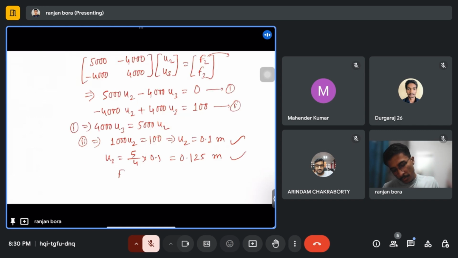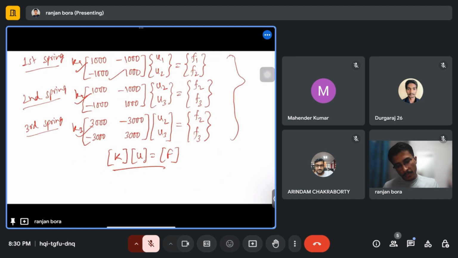With u2 as 0.1, it is minus 100 Newton. Now we have found, if f3 is acting 100 Newton, then f1 we have got minus 100.